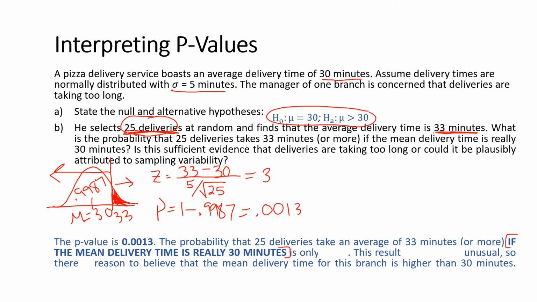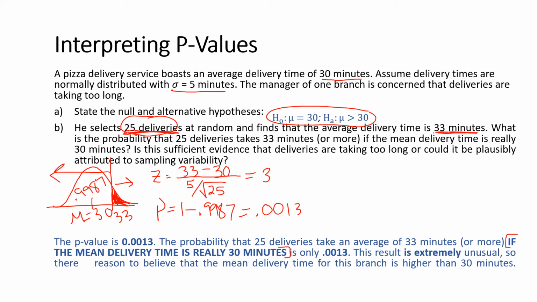So what that 0.0013 really means, the probability that 25 deliveries take an average of 33 minutes, if the delivery time is really 30 minutes like it's supposed to be, is only 0.0013. So there's basically a 0% chance of this happening if the delivery time is really 30 minutes like it's supposed to be. But it did happen.